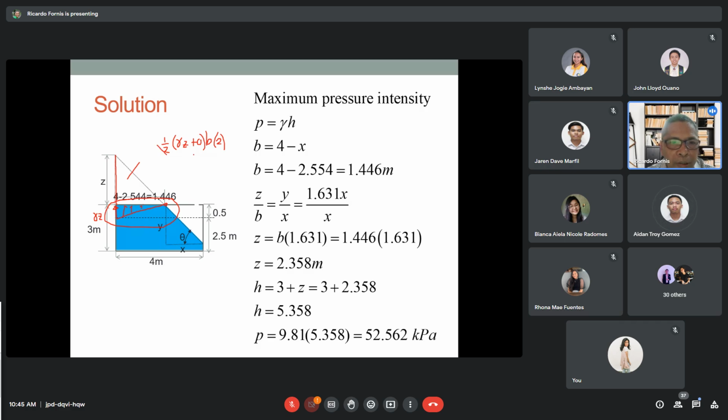So, ma-cancel out kani. So, kung ma-calculate ka, gamma times Z times B, parehas na sa force na na-calculate na to earlier. Ano yung force sa cover? Ito ba? Palihog lang kog verify. Parehas, di ba?